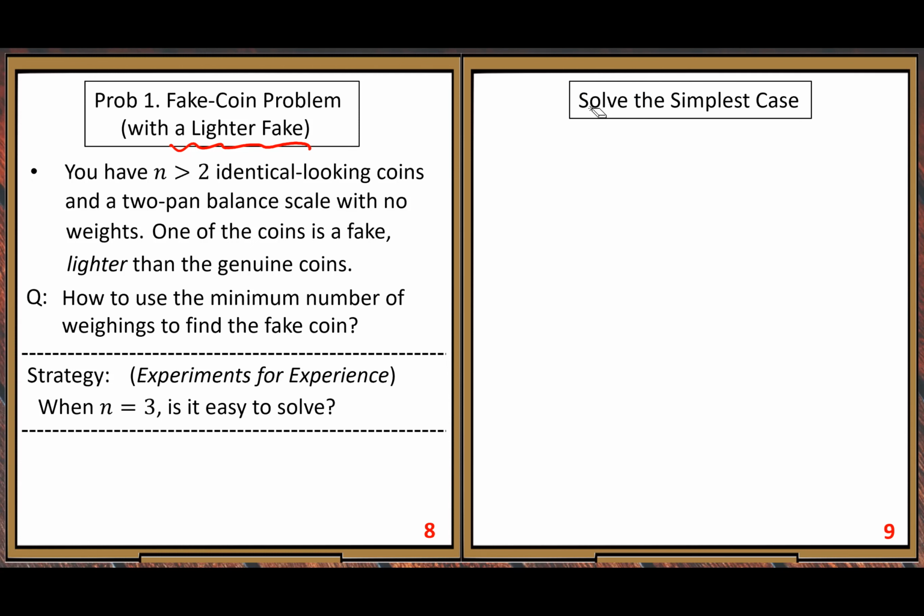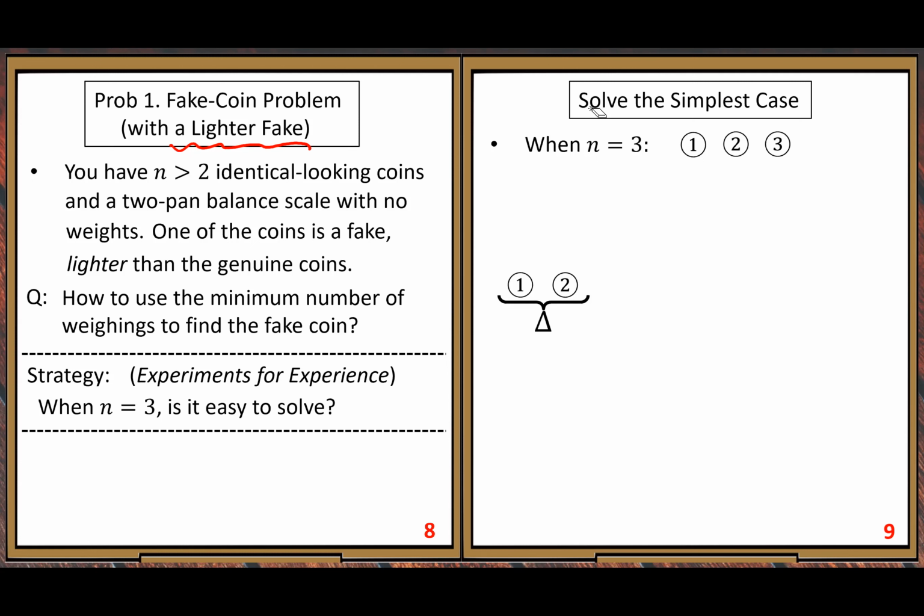Solve the simplest case, we did it, right? It's trivial, but here I want to run the diagram from beginning to end. We have 3 identical looking coins, 1, 2, 3. So now we just pick coin 1, coin 2, and put them on the balance scale in this way. And we will have 3 different cases.